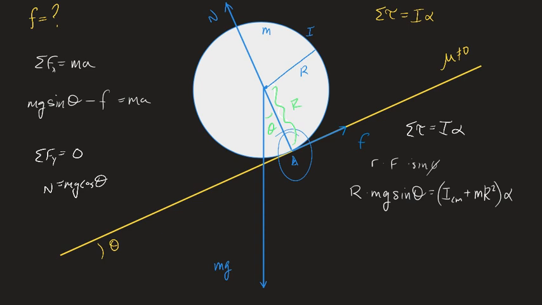Now, if we want to find the frictional force, yes, sir. Wouldn't it be mg cosine theta? Nope. The dot product is sine. We're doing the dot product here, and it has to be the angle between the force and the torque arm. So we are looking at how this force causes it to pivot about this point.